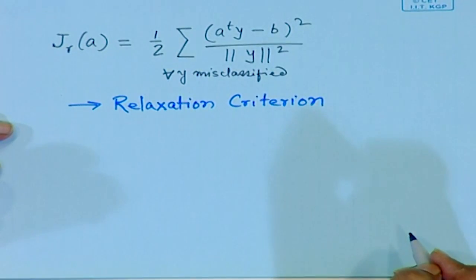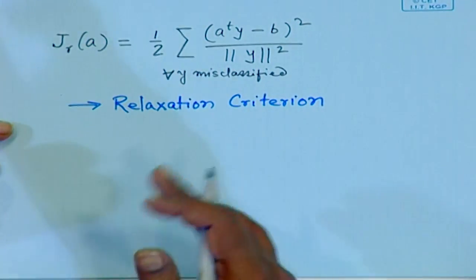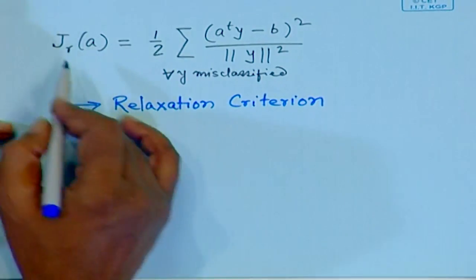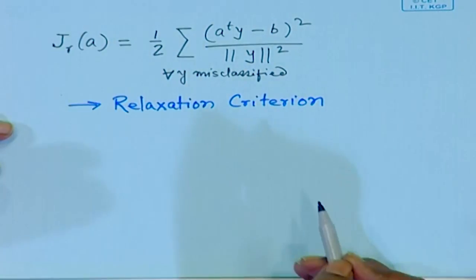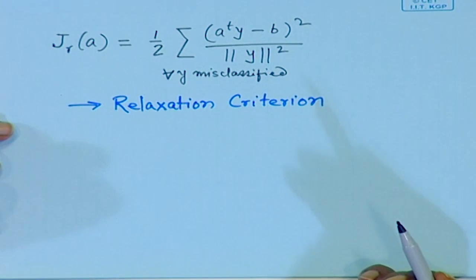And accordingly, the algorithm that we get for minimization of this criteria function to obtain the weight vector A is called relaxation procedure. But that is also done following the same gradient descent procedure.